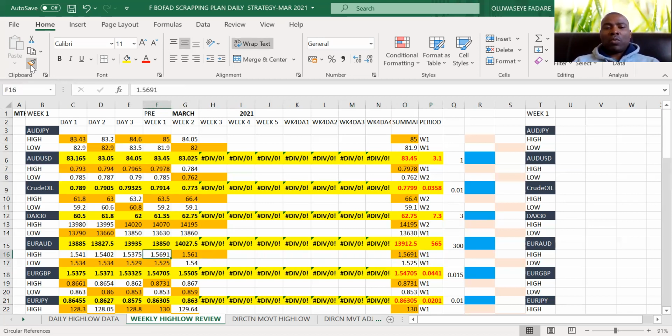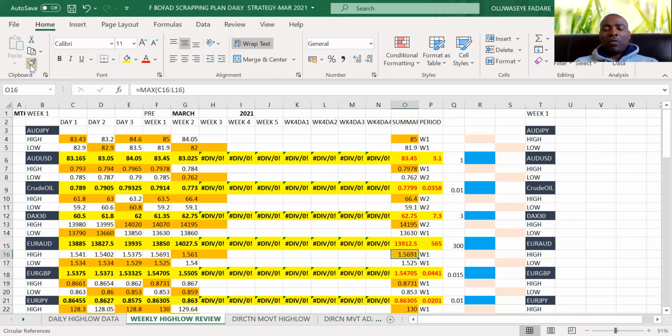So if you look at our week 1 highest was 1.5691, and our week 1 lowest was 1.525. So what does this mean? This means that our high currently is 1.561 for week 2, but our week 1 high was higher than this.